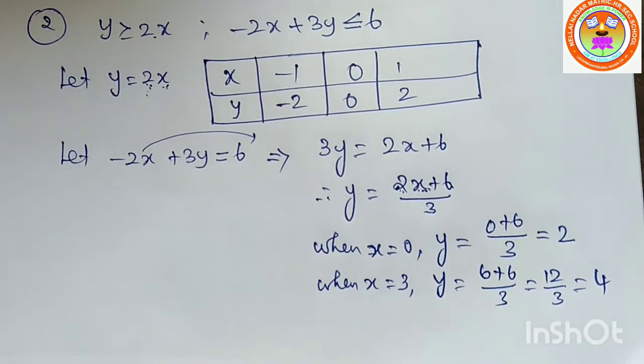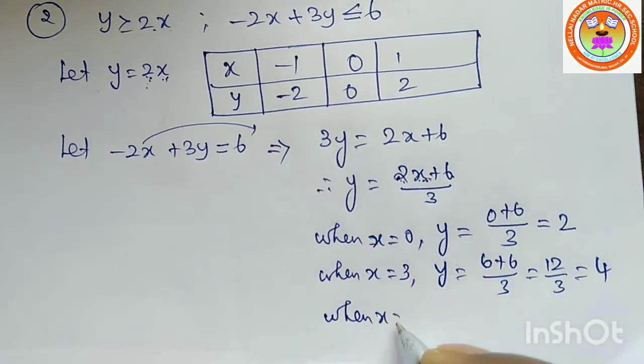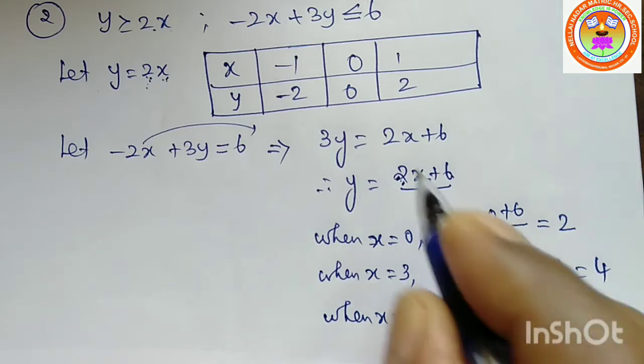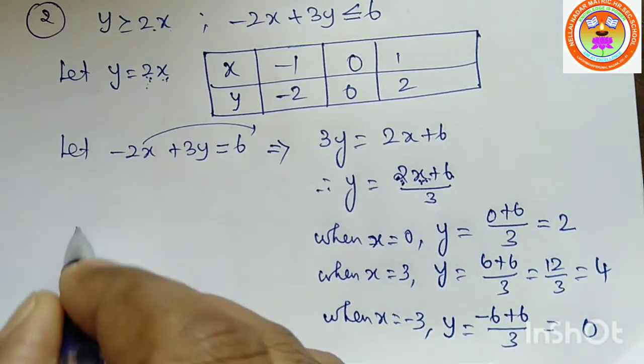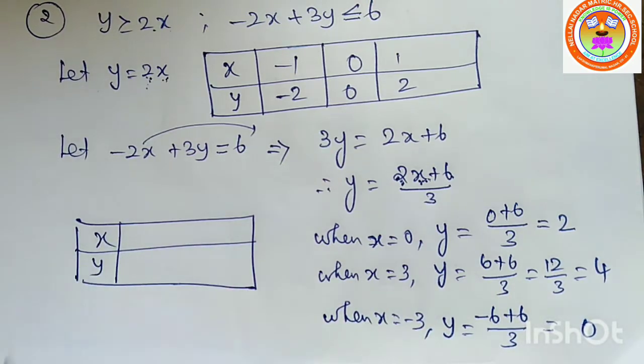When we apply x is equal to minus 3, what about y? Y is equal to 2 into minus 3, that is minus 6, then plus 6, minus 6 plus 6 by 3, which is equal to 0 by 3. 0 divided by a number is 0. Therefore, the tabular column x, y.